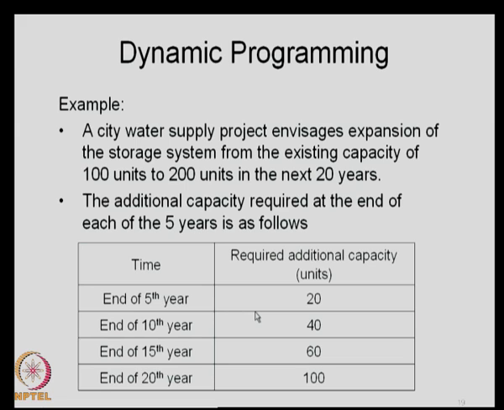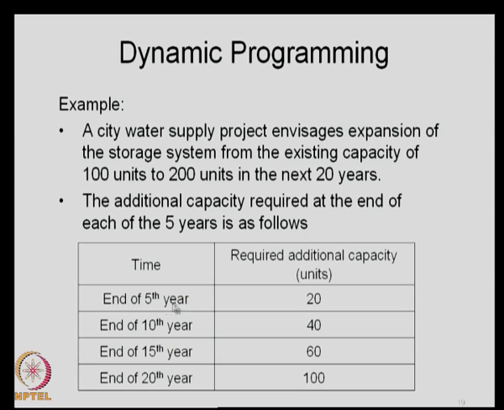This is a problem, and in this particular example, once you understand that statement of the problem, the example is pretty straightforward. We want a minimum additional capacity. It has an existing capacity of 100 units. We want to reach a capacity of 200 units in the next 20 years.